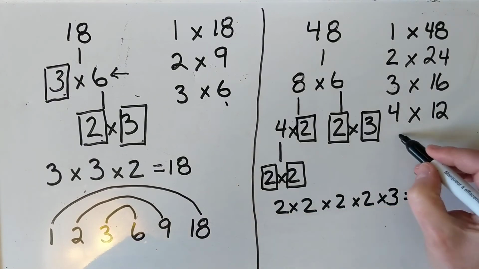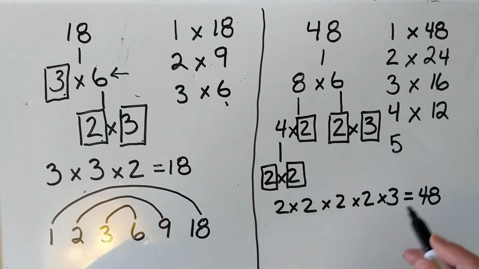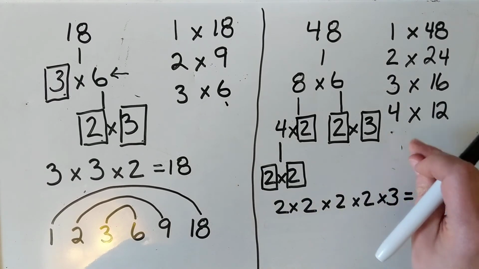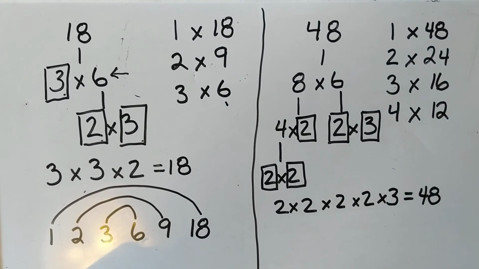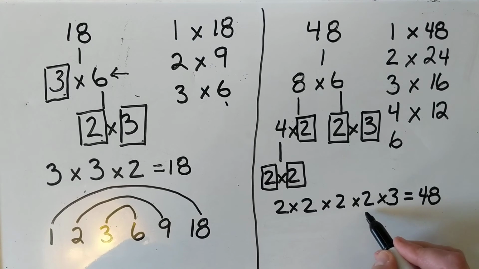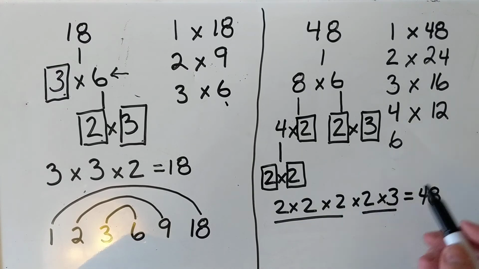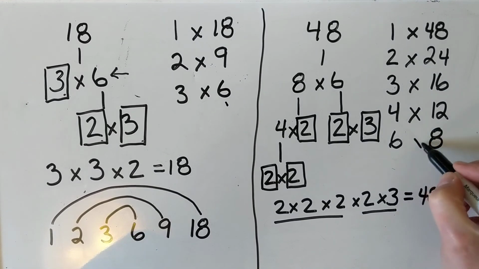Let's try 5. There is no factor 5 in this list, so I know 5 is not a factor. 6 would be my next number. I can definitely make a 6, and then I times it by what's left. So 6 groups of 2 times 2 is 4, 4 times 2 is 8.